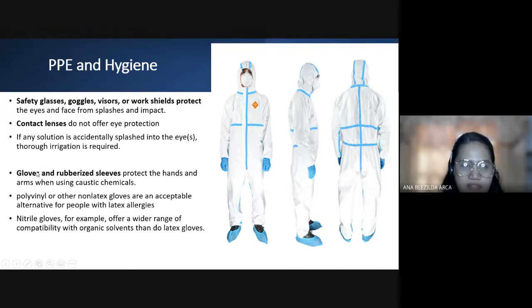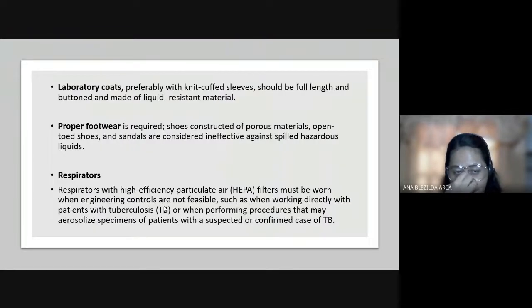So, sometimes may mga medtech na allergy. May allergy siya sa gloves, di ba? Kasi nga, yung rubber, hindi okay sa kanila. If that is the case, meron naman nabibili na polyvinyl or non-latex gloves. Pwede siyang gamitin if you have allergy with latex. Another thing is lab coat, proper footwear, okay? Respirator.